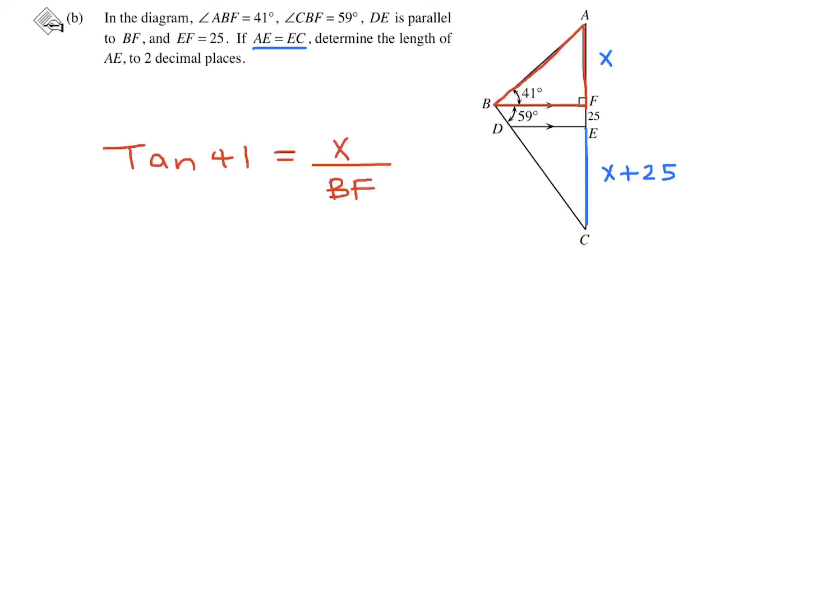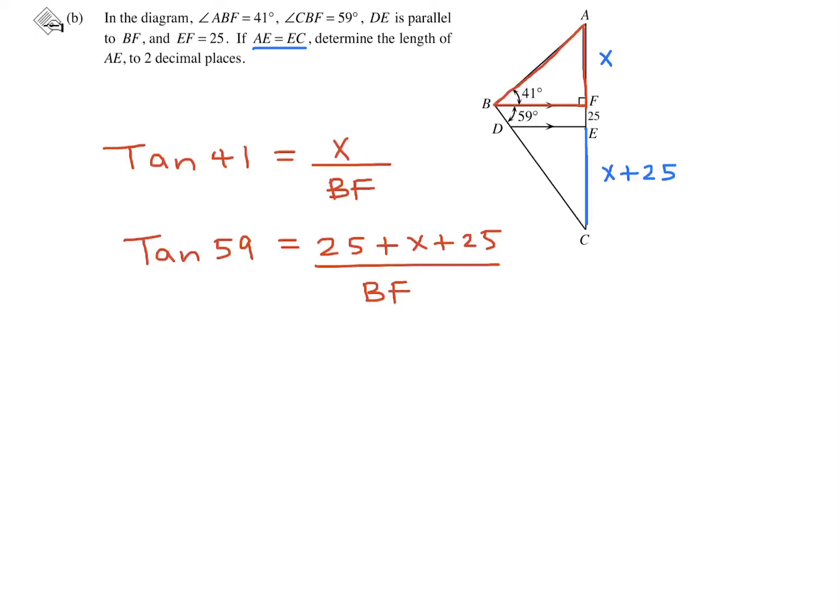And then the next triangle that I'm going to use is this one right here, BCF, that one in there. And in that one, you'll get the tan of 59 is equal to opposite, which is, be careful, 25 plus x plus 25 all over BF.